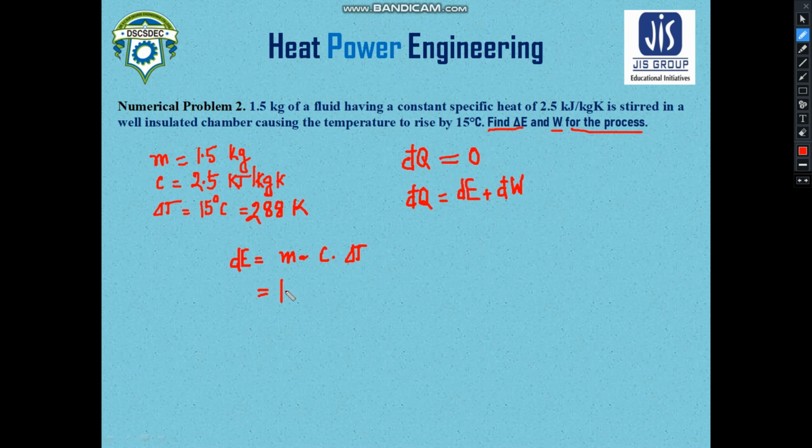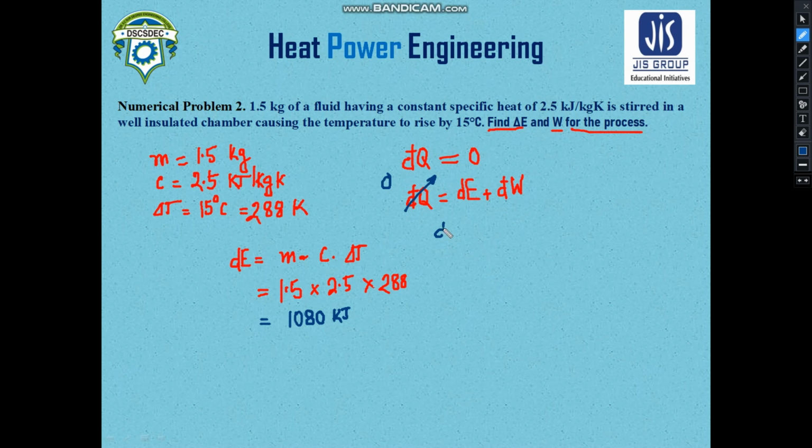So we can write 1.5 multiplied by 2.5 multiplied by 288 Kelvin. So this is the increase in internal energy because of the stirring action which is caused by the stirrer. Now if you do the relevant calculations, you will find that dE becomes 1080 kilojoule.